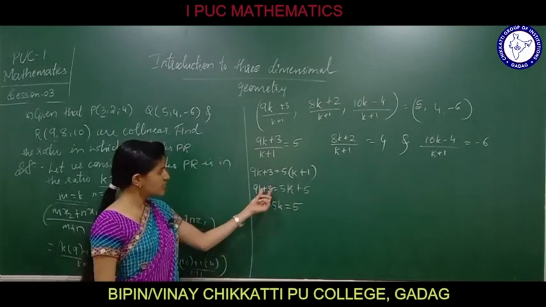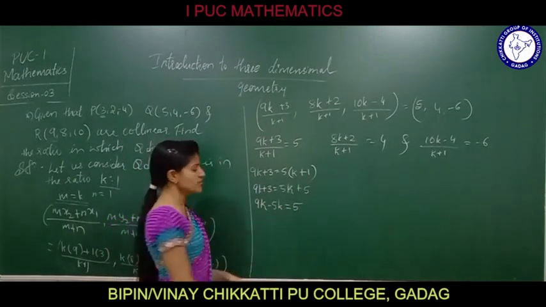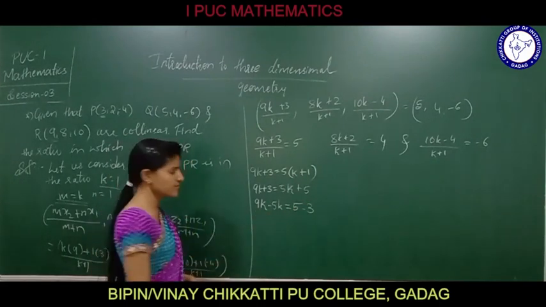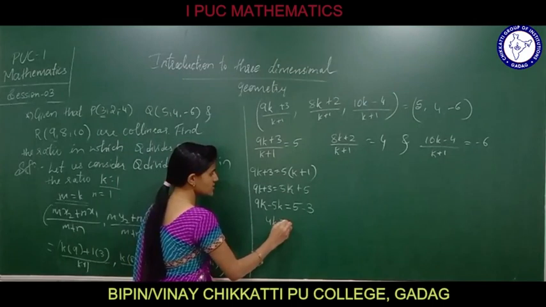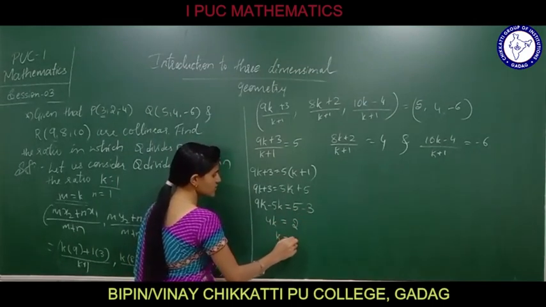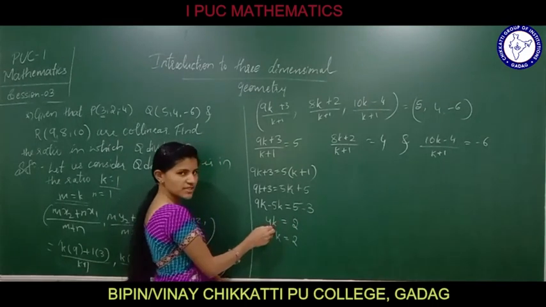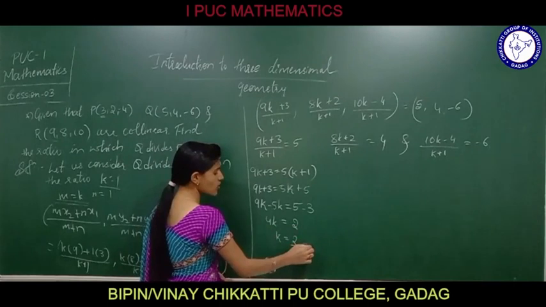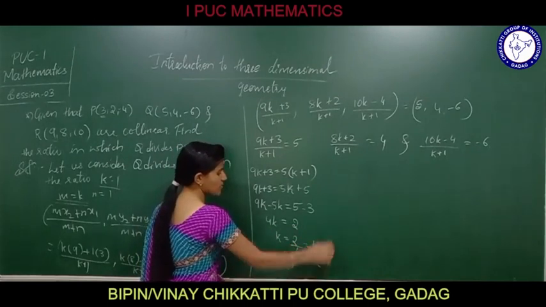Shift the plus 3 to the right hand side, which becomes minus 3. So 9 minus 5 is 4, 4k equals 5 minus 3, which is 2. Since 4 is on multiplication, if it comes to the right hand side it becomes division. So I got the value of k as 1 by 2.